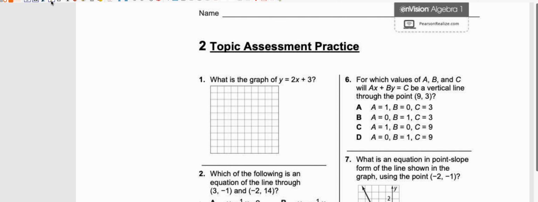For number 1, when it says what is the graph of y equals 2x plus 3, notice that there is no designated x or y axis, correct? So you need to make your x and y axis, and for this graph, it'd probably be okay just to make the left side and the bottom of the graph the x and y axis.